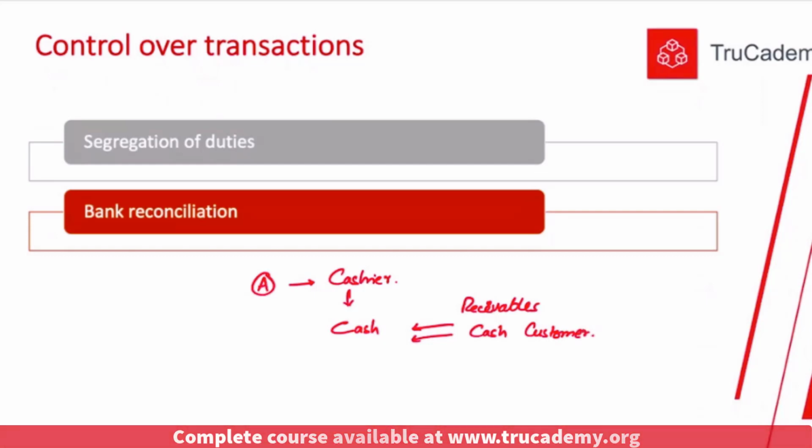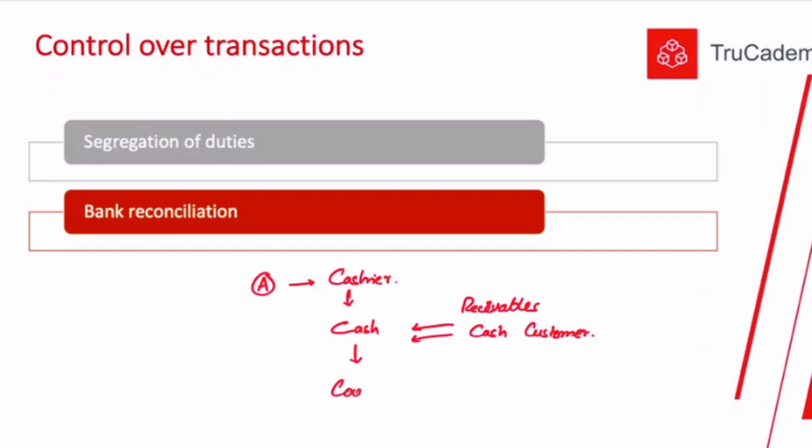Over the counter he receives cash. Then at the end of the day he counts the cash and then he records the cash. And in the next morning when he arrives at the office, he deposits or banks the cash.